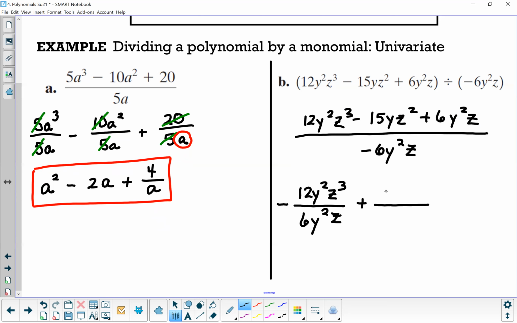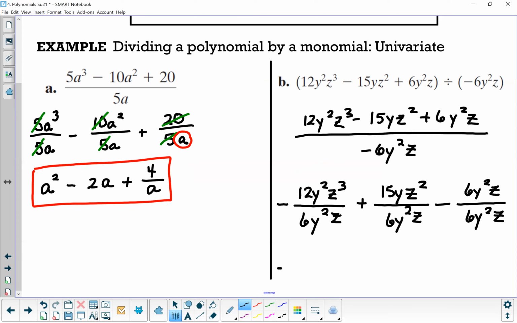And then our fraction bar, we have 15y z squared over 6y squared z. All right, and then lastly, we have plus 6 over the negative 6. So put the negative out front, our fraction bar, and then that's 6y squared z over 6y squared z. Okay, let's continue simplifying our fractions here.